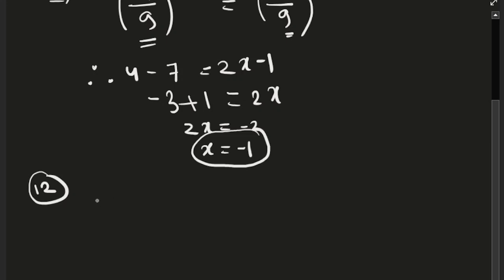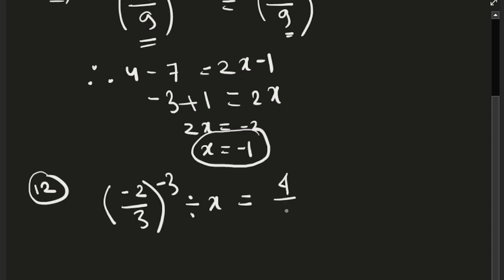So according to the question, we have to assume the divisor. We can write (minus 2/3) to the power of minus 3 divided by x equals (4/27) to the power of minus 2.